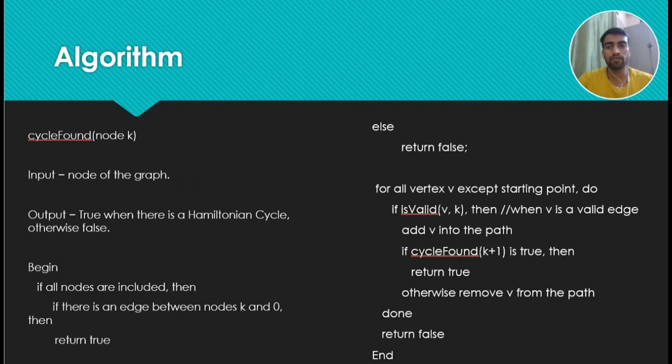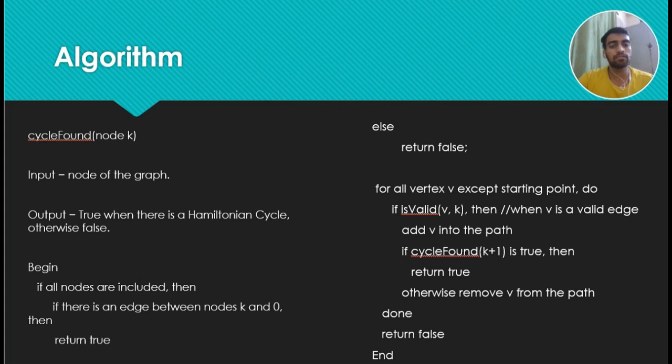The second function which we will be using is cycle found. It will take a node of the graph as an input and the output will be true when there is a Hamiltonian cycle, otherwise it will be false. First of all, we will check if all the nodes are included. Then there is a nested condition: if there is an edge between nodes k and 0, then we'll return true, otherwise we will return false.